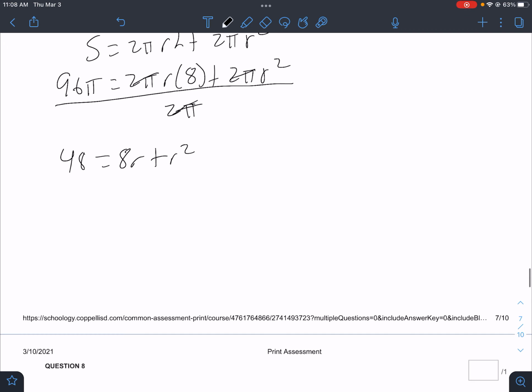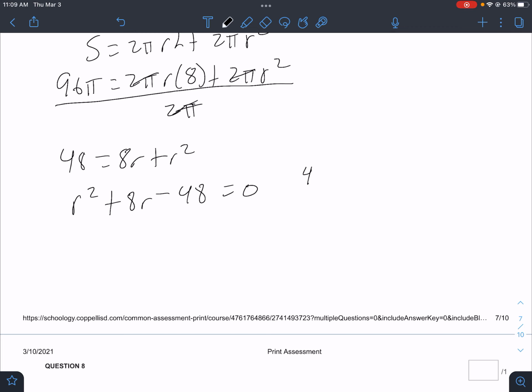Now it's a factoring question. Subtract 48, I get r squared plus 8r minus 48 equals 0. First move for factoring is make one side 0. What factors of 48 subtract to equal 8? 1 and 48, 47. 2 and 24, 22. 3 and 16, 4 and 12, got it.